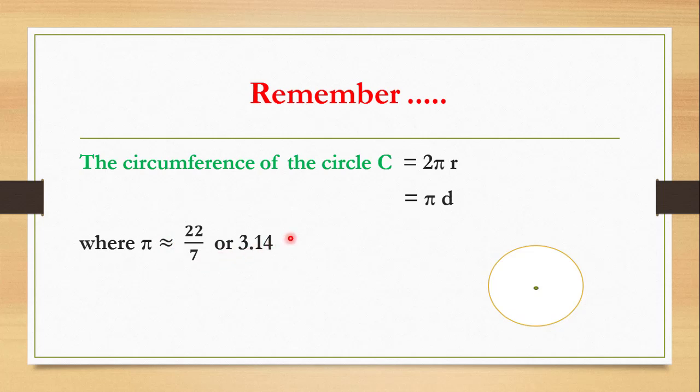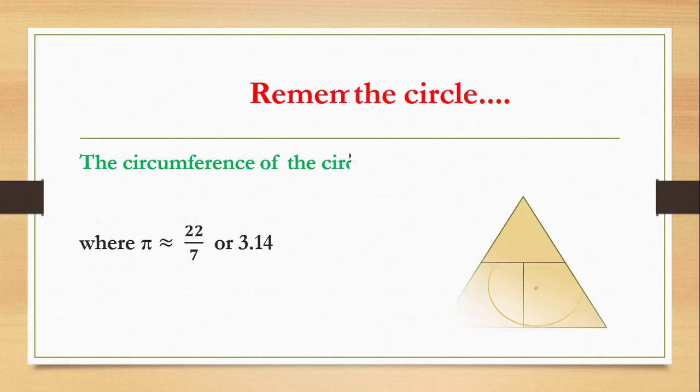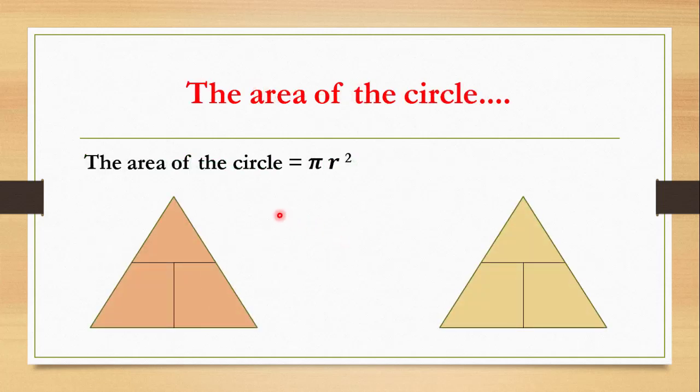Okay. What about the area? How can we calculate the area of the circle? To calculate the area of the circle, just multiply pi times R times R, or pi times R power 2. R is the radius and pi, we said before, is 22 over 7 or 3.14, according to what is given in the problem.